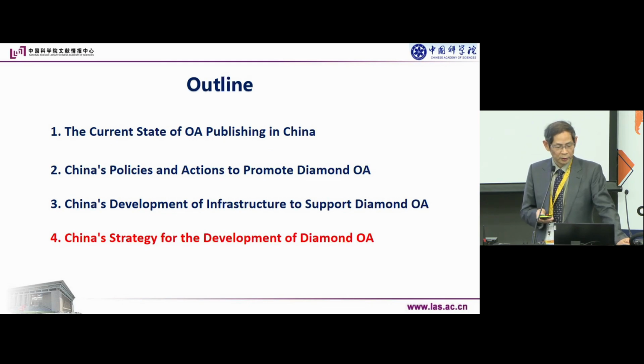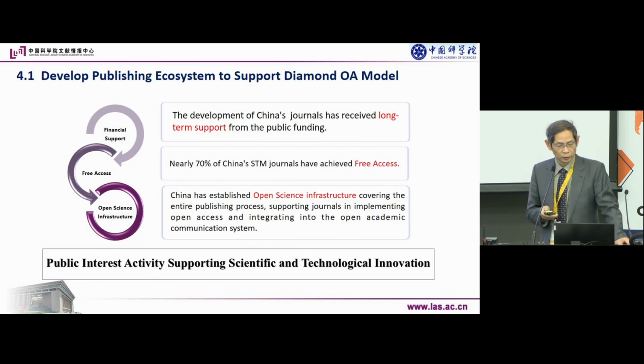And of course, the next strategy for Diamond OA, we have to develop the publishing ecosystems to support Diamond OA. So we have long-term support from publishing fundings, and we also have established open science infrastructures for the publishing, for the journals, for the communities.